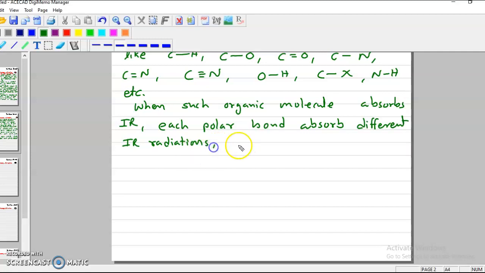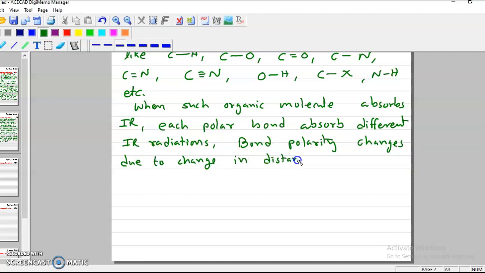So at the same time, what happened? Bond polarity changes due to change in distance between atoms.